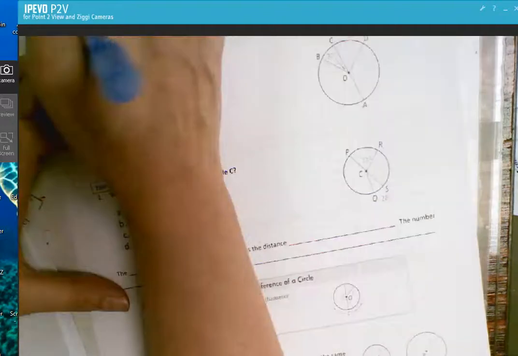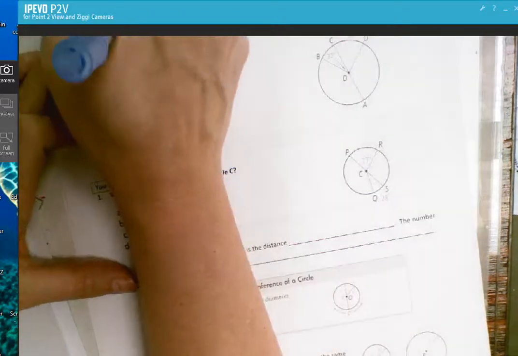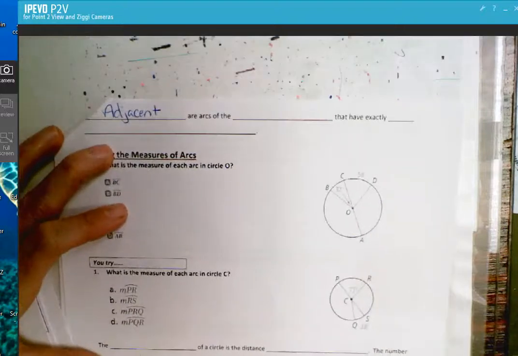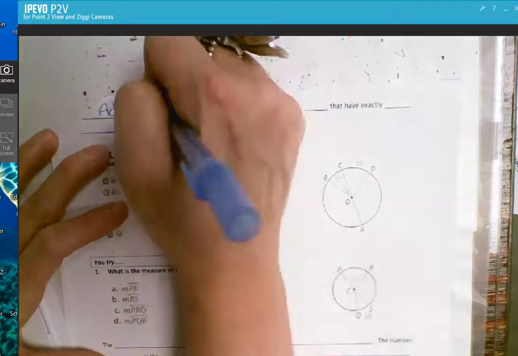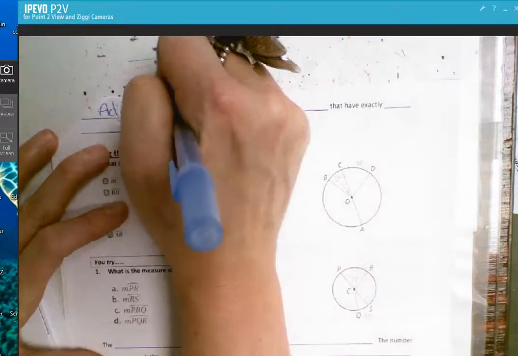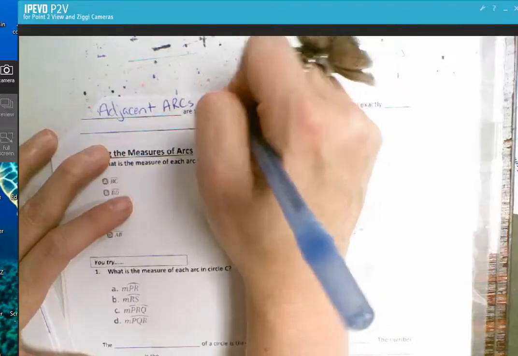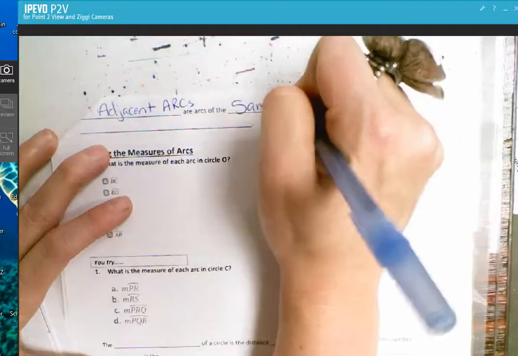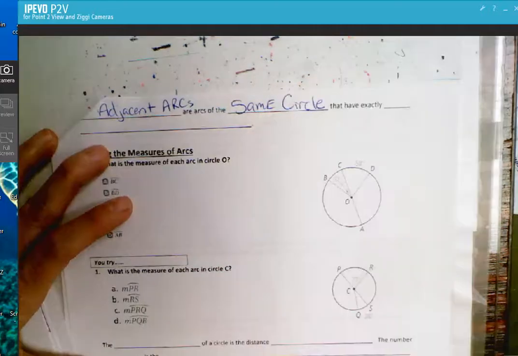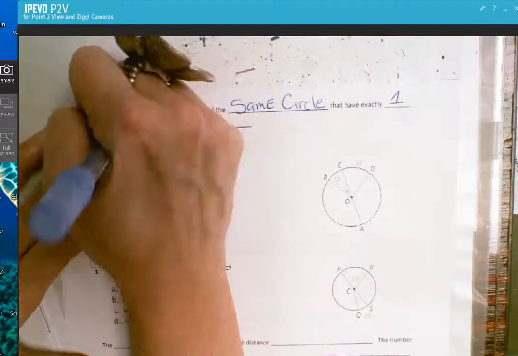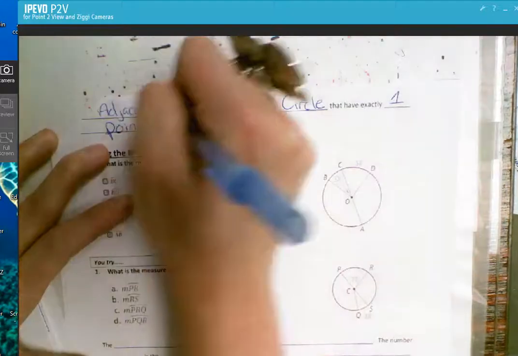So adjacent, remember that word from earlier. Adjacent means right next to. Adjacent arcs are arcs of the same circle, so I can't be an adjacent arc unless I'm in the same circle, that have exactly 1 point in common.